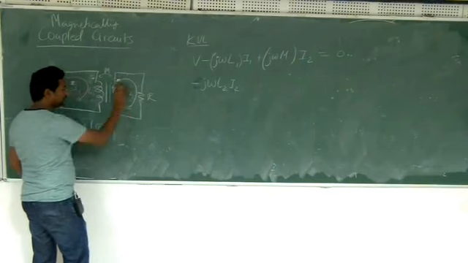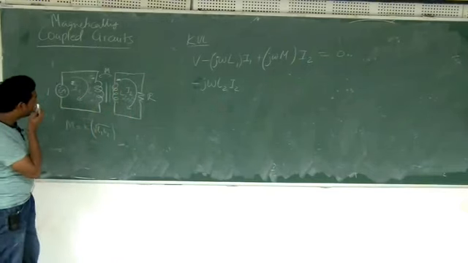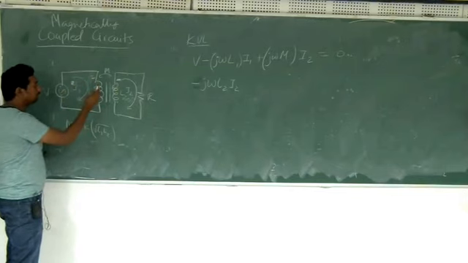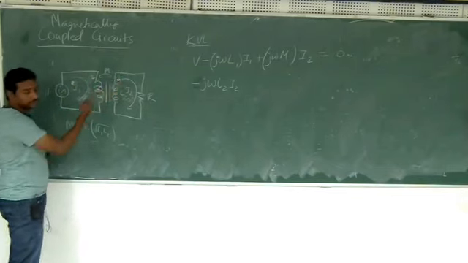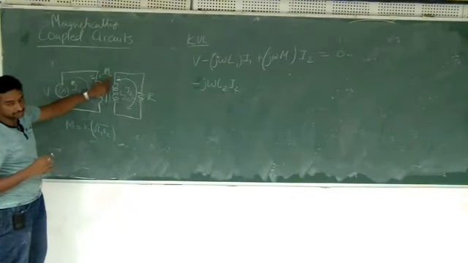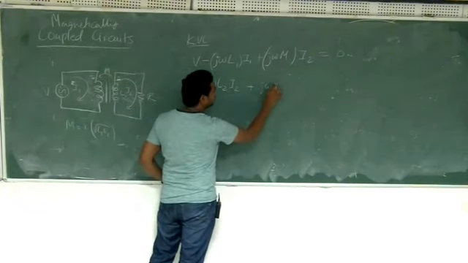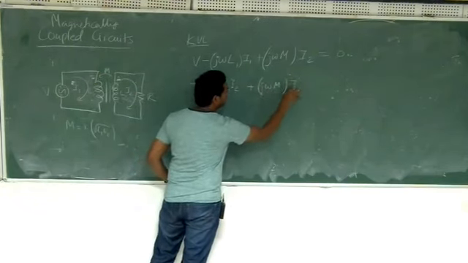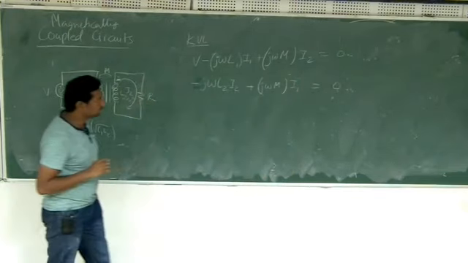Voltage will be dropping because I am going in the same direction as I2. Current entering the dot means it gives positive voltage here, so that means negative voltage, but again I am increasing my voltage. Therefore it is plus j omega M into I1, equal to 0.